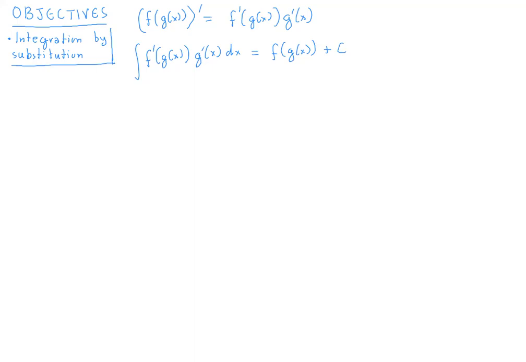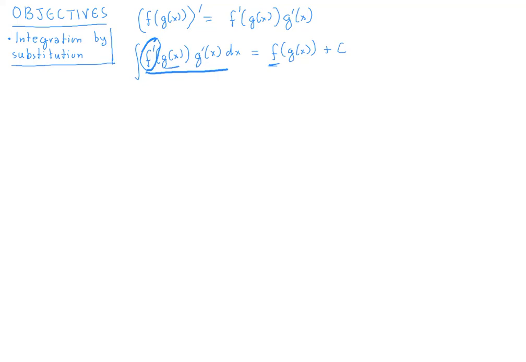So here, the way we need to understand this formula is that whenever we have an integral of this form, everything pretty much reduces to finding an antiderivative for f prime. Once we know that the antiderivative of f prime is f, then we can compose it with this function right here, the inner function, and that's the antiderivative.